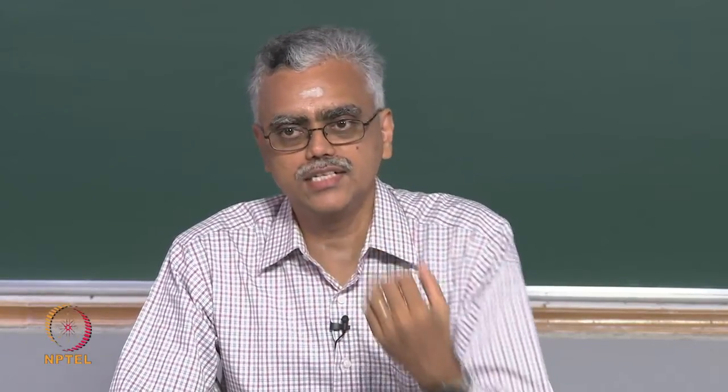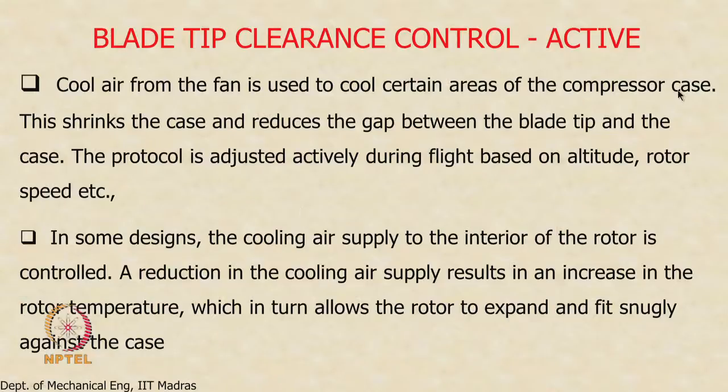The blades are exposed to the higher temperatures and they are trying to expand. So, you control the expansion and shrinking of the disc and the blade in a controlled manner by sending air into the compressor case or into the rotor. Both are possible. You can send air into the compressor case on the top, or into the rotor, which is also hollow.